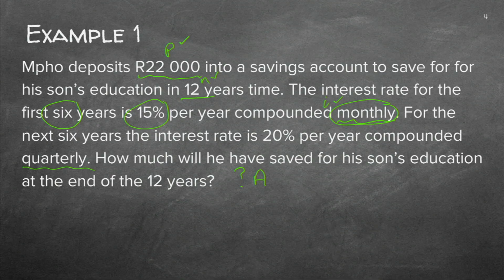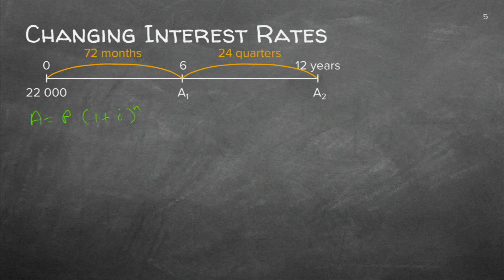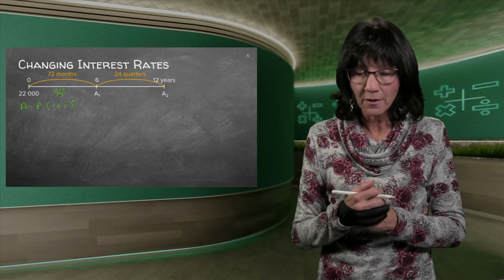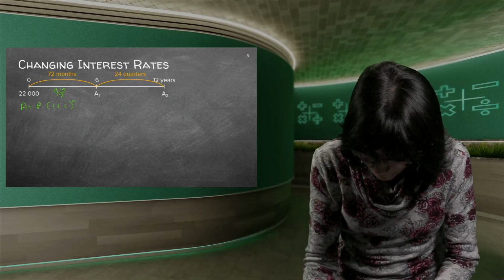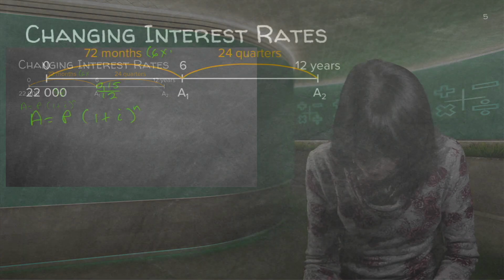But the first part is 15% compounded monthly. So the 15% is 0.15, compounded monthly. Monthly means I'm cutting up my year into 12 pieces. Cutting up in maths means divide by 12. But now how many months are there in 6 years? Where did they get it from? 6 times 12.